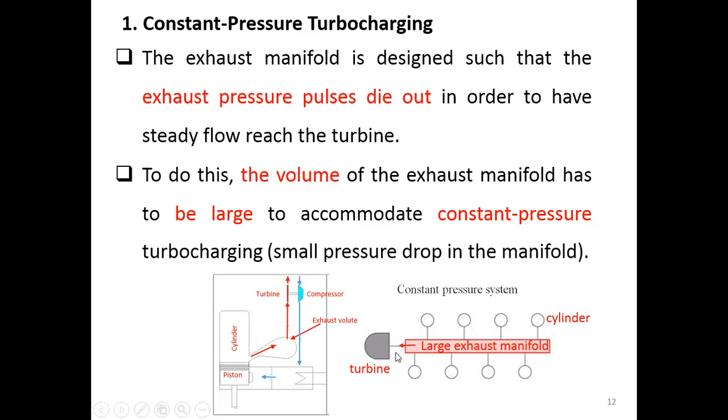This region will have a constant pressure before falling into the turbine, and the constant pressure represents the steady flow. All of these problems come out because our exhaust flow is an unsteady or pulsating flow, not a steady flow. So the constant pressure concept is to make the exhaust manifold large.